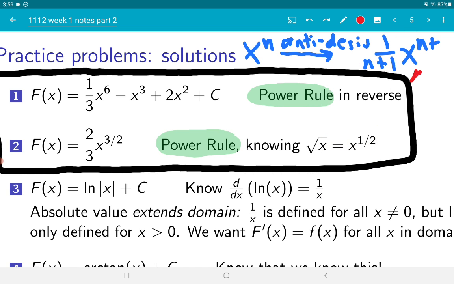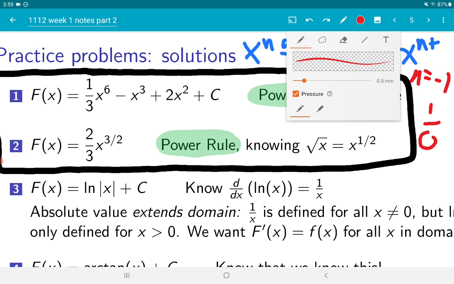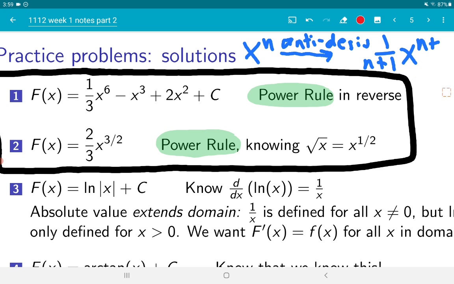If n were -1, really, then I would have 1 over -1 plus 1 is 0. I would have division by 0. That wouldn't make any sense. That's undefined. And so this thing that I wrote down here actually needs to take this qualifier that says except when n is -1. I'm not allowed to apply this antiderivative rule when n is -1. I have to do something different.